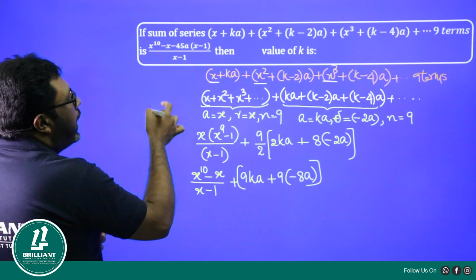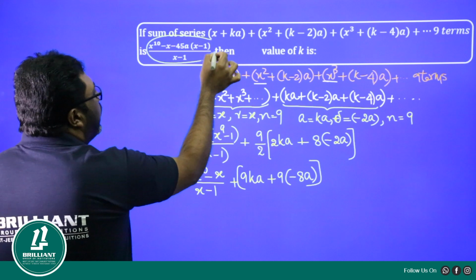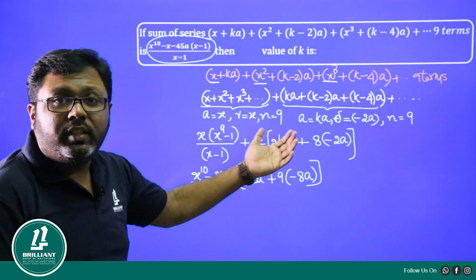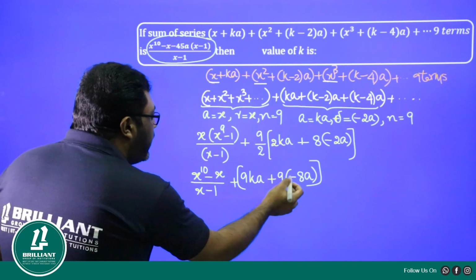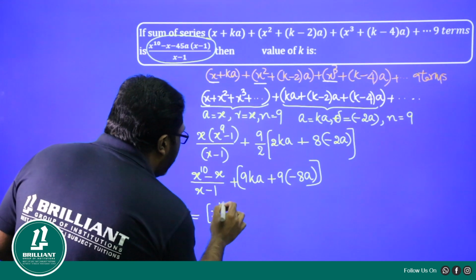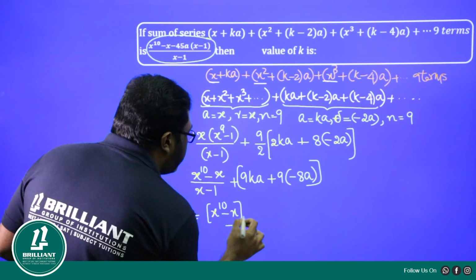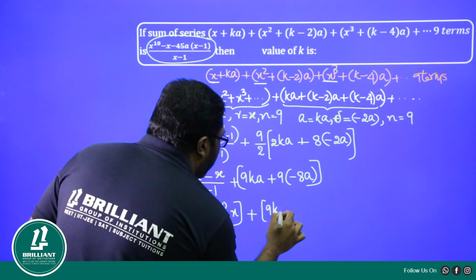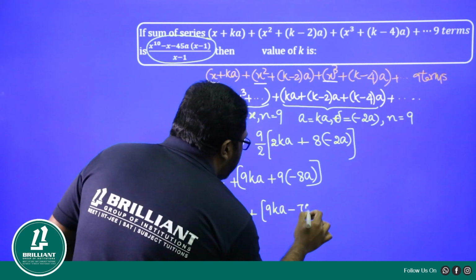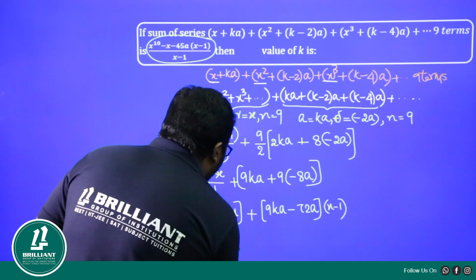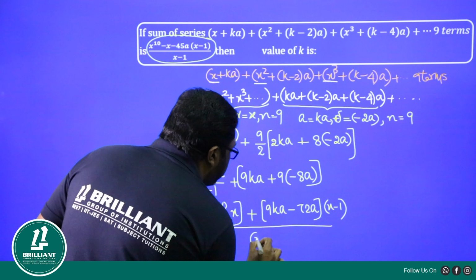Now in the final answer that is given to me in the question, the denominator is x minus 1. The denominator is x minus 1. So I'll make the LCM as x minus 1 over here. So my first term is x raised to 10 minus x. My second term is (9ka minus 72a) into (x minus 1), the whole divided by x minus 1.